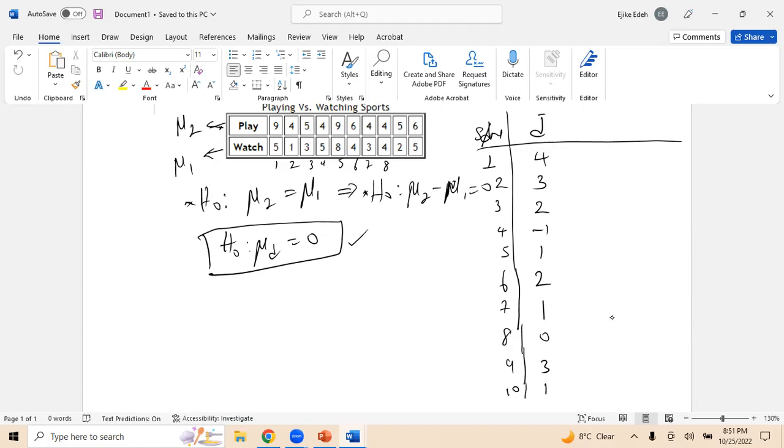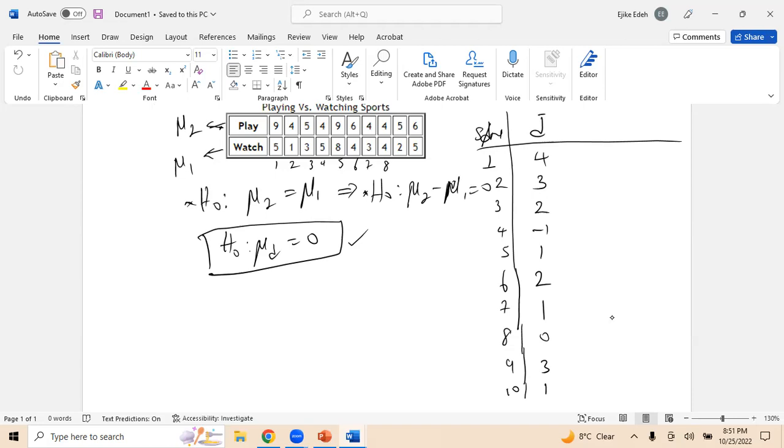For the fourth student, we had 4 minus 5, which is negative 1. And for the fifth student, we had 9 minus 8, which is positive 1. For the sixth student, we have 6 minus 4, which is positive 2, right?